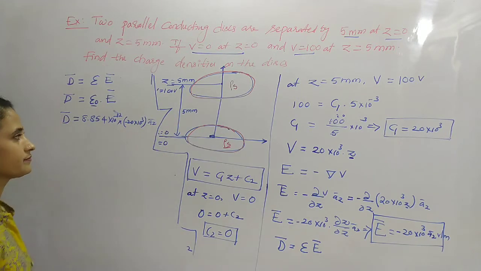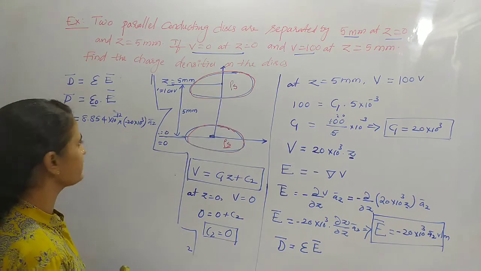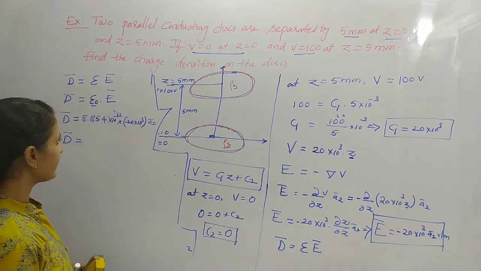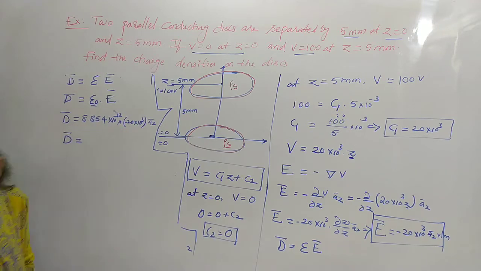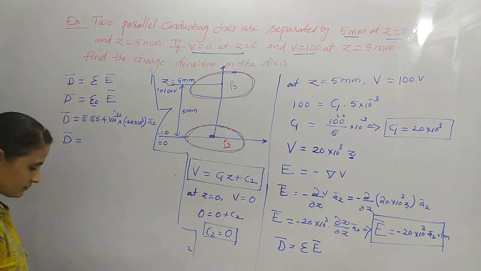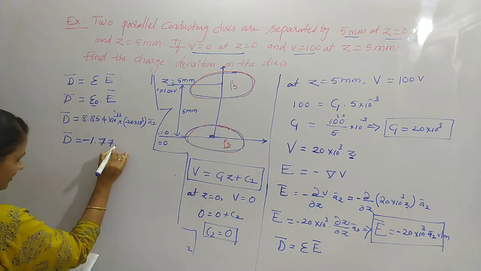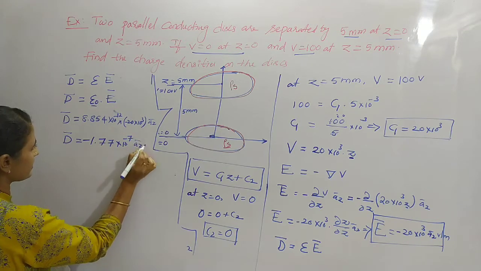So D bar is written as, multiplying these two terms, 10 raised to minus 12 and 10 raised to 3, I can write 10 raised to minus 9, and multiplying this integer with this one, we will be getting minus 1.77 into 10 raised to minus 7 Az.